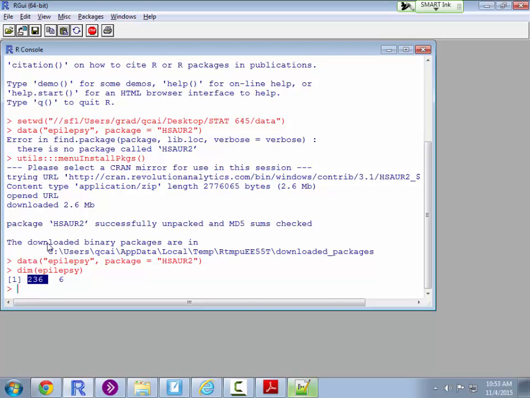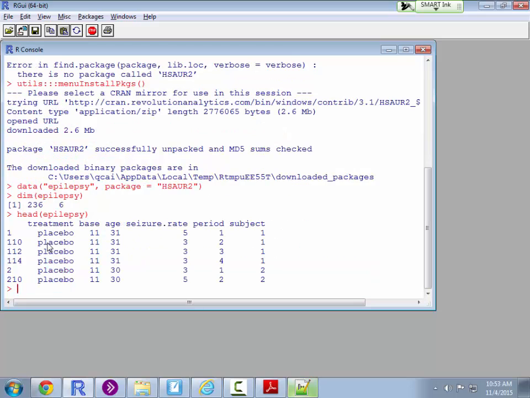These data are apparently in long format. The first 4 rows are for subject 1, those are the 4 time points for subject 1. We have treatment group. We have baseline seizure count, which doesn't change with time because that was just a single measurement taken at the beginning of the study. We have their age, and we have the number of seizures in each of these 2-week periods.